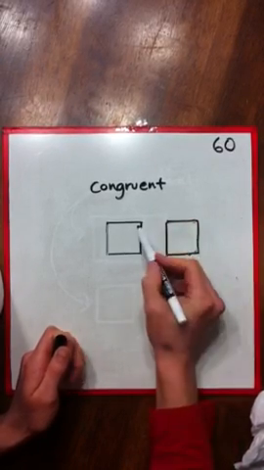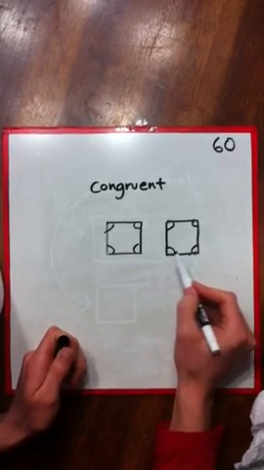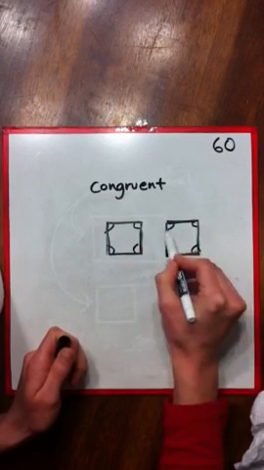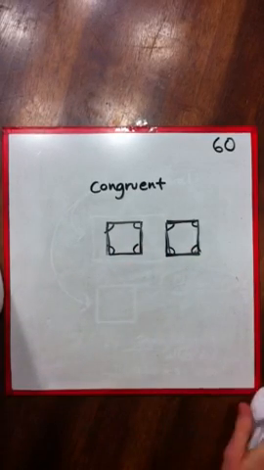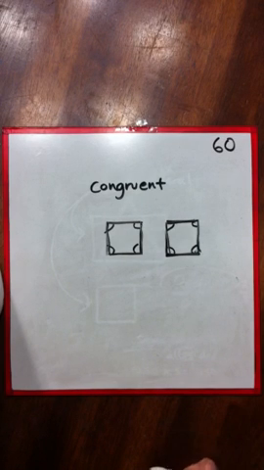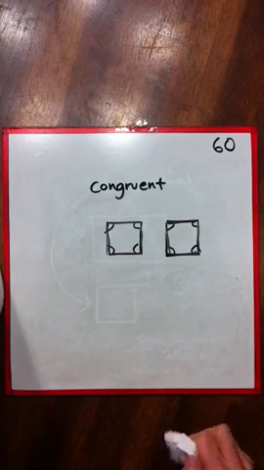Now why? Because all the measures on the angles are the same, and all the lengths of the sides are the same. So these 2 squares are congruent. And they have the same shape and the same size.